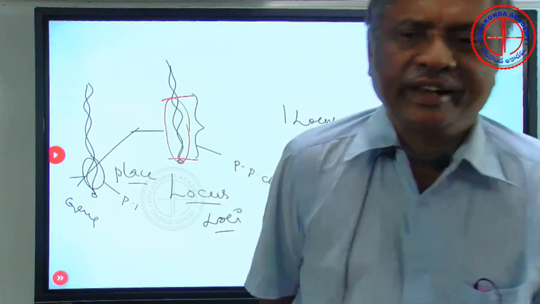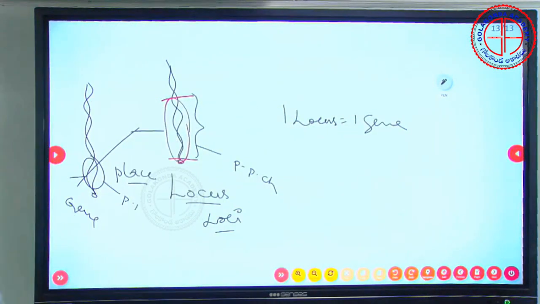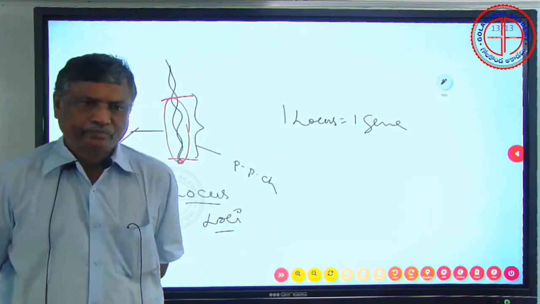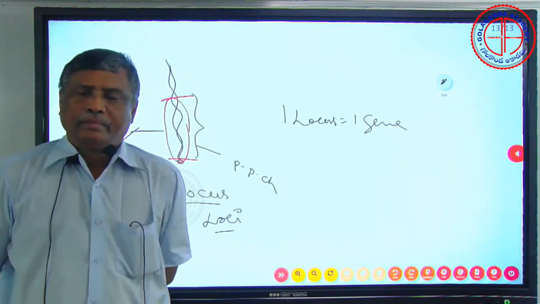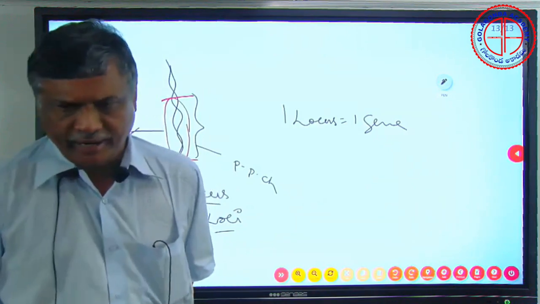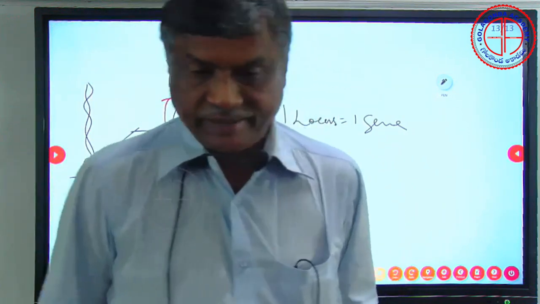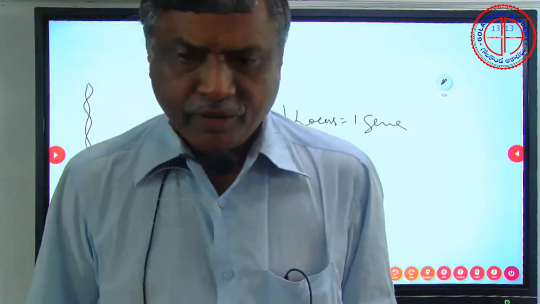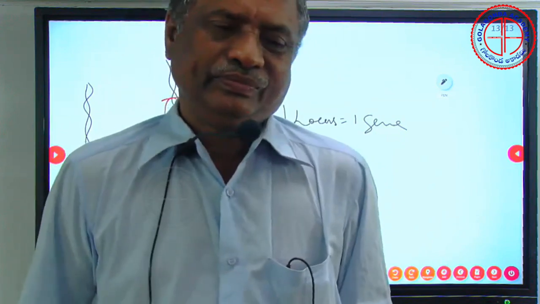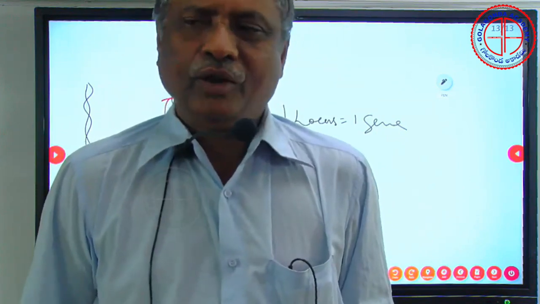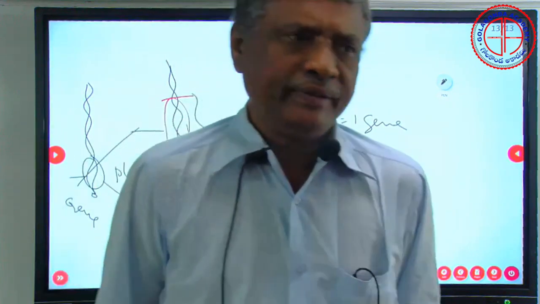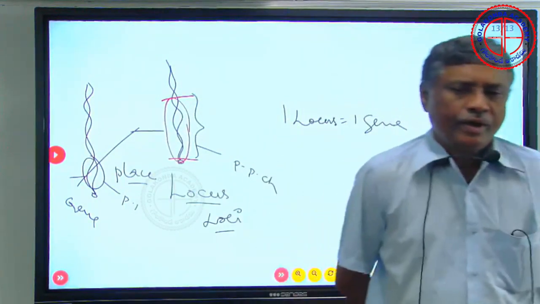The place where the gene is arranged on DNA is known as locus. Locus filled with a gene.